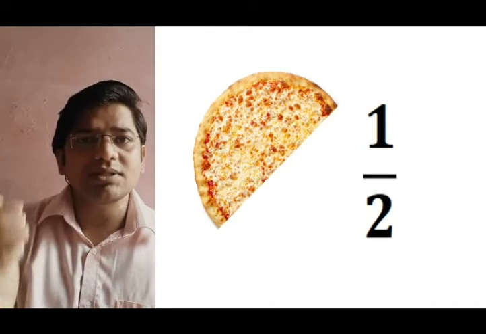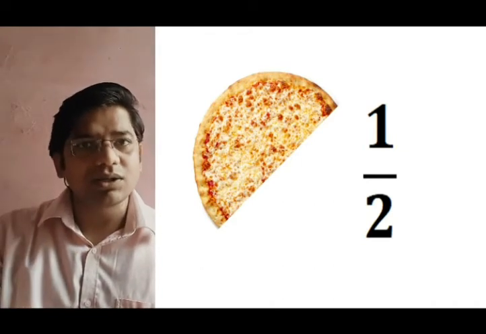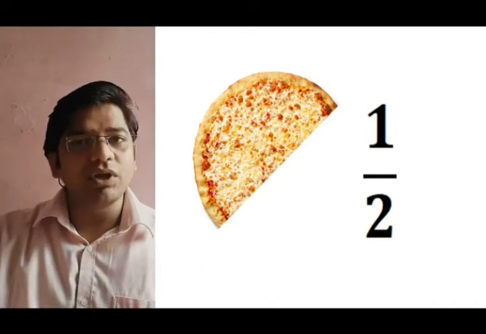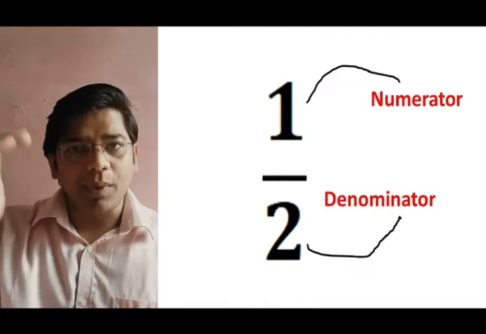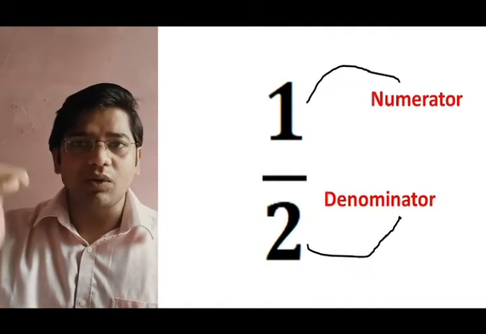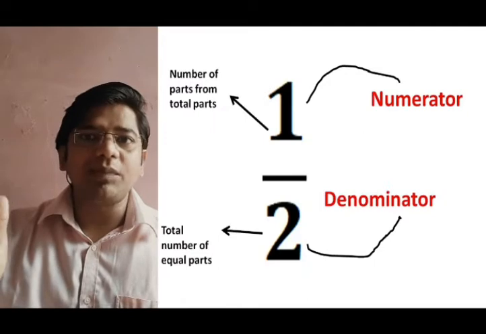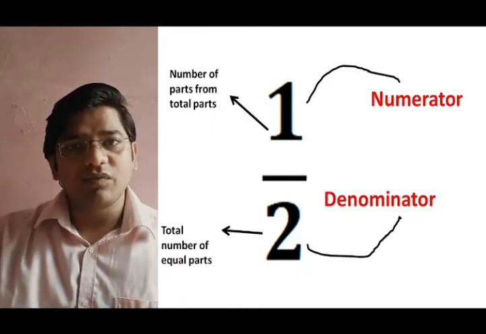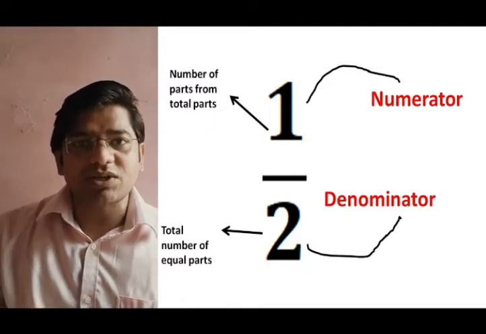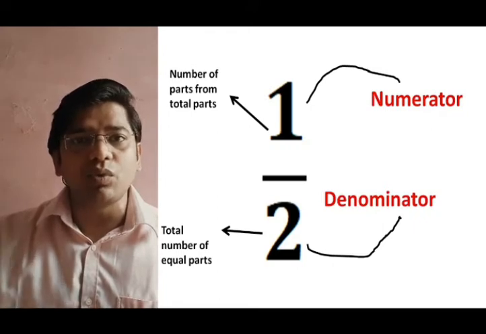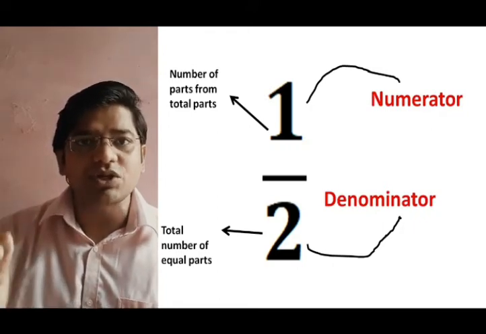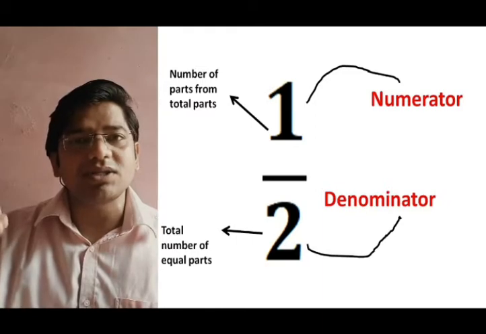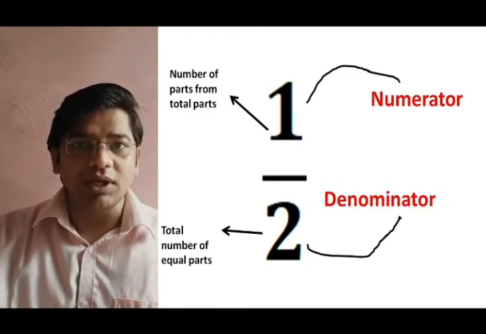Now the question arises, why do we write 1 upon 2? First of all, we need to know that the upper part is called the numerator and the lower part is called the denominator. That means we represent a fraction by using a combination of two numbers where one number is written upon the other.